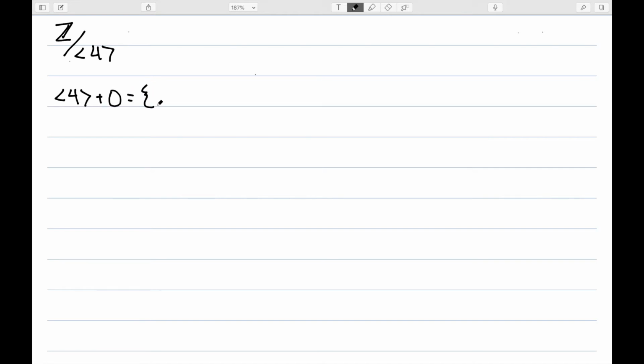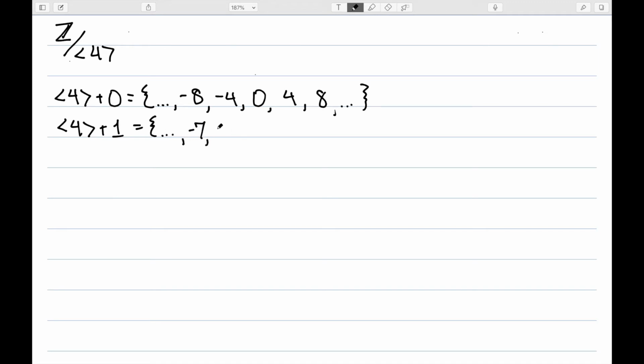In the integers, the subgroup generated by 4 looks like -8, -4, 0, 4, 8, etc. We also have the subgroup generated by 4 plus 1. This would be -7, -3, 1, 5, 9.